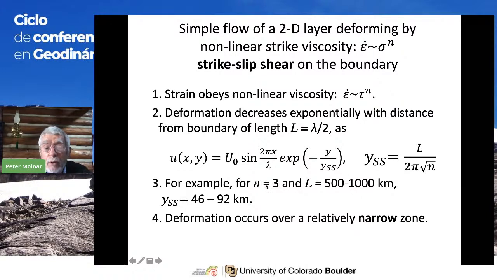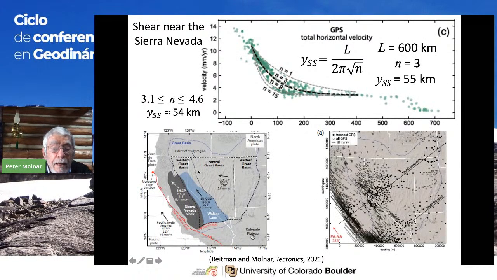And as an example, if n is 3 and the boundary were 500 to 1,000 kilometers long, then we would expect this decay constant to be of the order of 50 to 100 kilometers. Not a large distance into the region. The point here is that deformation for this case occurs over a relatively narrow zone. And as an example, the Basin and Range province of Western United States, a big, large area out in this area, bounded on the west by the block of the Sierra Nevada.